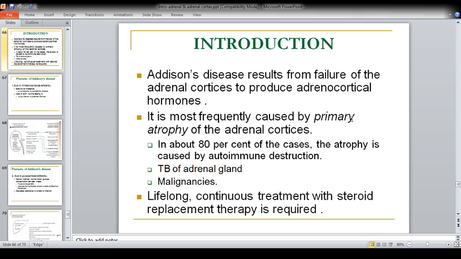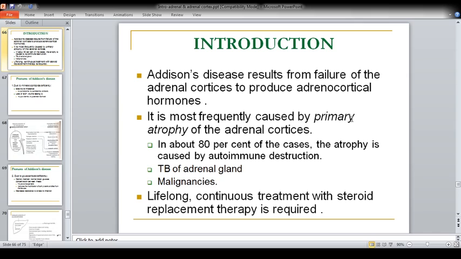Or if it is autoimmune destruction and the adrenal has not been completely destroyed yet, we can start using steroids to suppress the immunity, so that this autoimmune destruction stops. But what happens if the adrenal is totally destroyed?